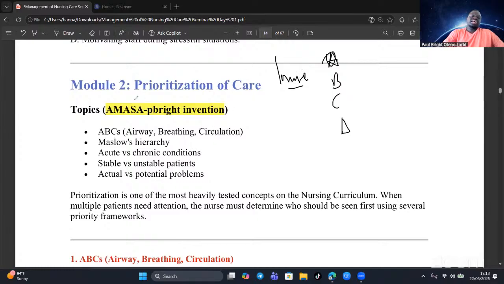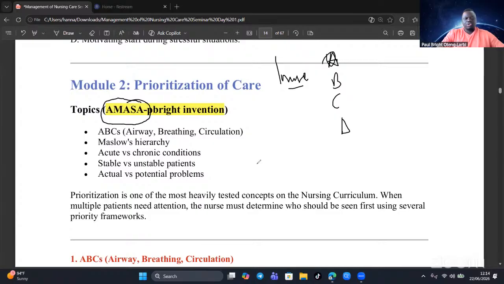Okay. So I have used this acronym, ABCDE, the right invention. So you can't manage care without knowing the bundles, the bundles of prioritization in nursing. Okay, open your eyes and open your ears. What I'm telling you now is going to help you. If you catch this, you are done with prioritization.